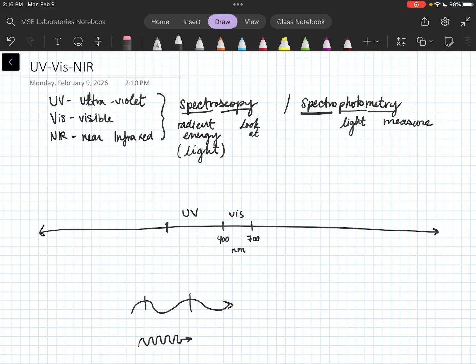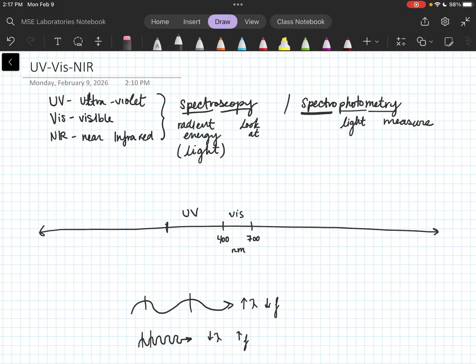This one is going to go peak to peak in a longer period of time than this one. So this one has a smaller wavelength and a higher frequency. This one has a larger wavelength and a lower frequency because they're both traveling the same speed.